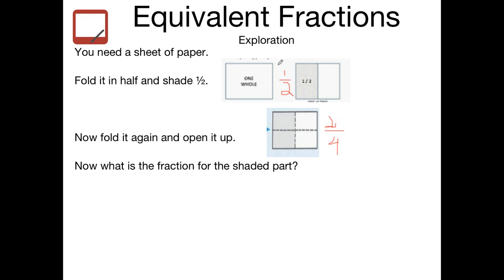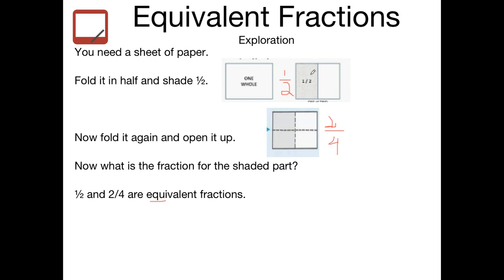So what can we say? How do we describe the fraction one half and the fraction 2/4? We can say that one half and 2/4 are equivalent fractions. So they are equal to each other, meaning they are representing, remember, fractions are special numbers that represent the same amount.